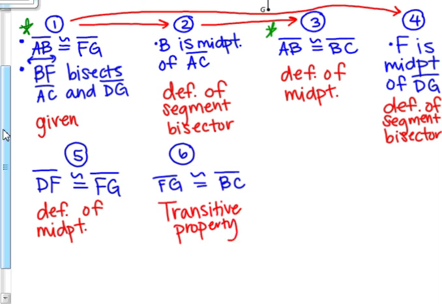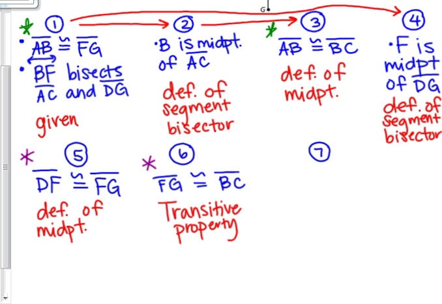All right. So my last thing I'm going to do, step 7: I know that what I created in step 6 and what I have in step 5 can be combined a little bit. So let's look at this. In step 5, I said that segment DF and segment FG were congruent. And then in step 6, I said that FG was congruent to BC.